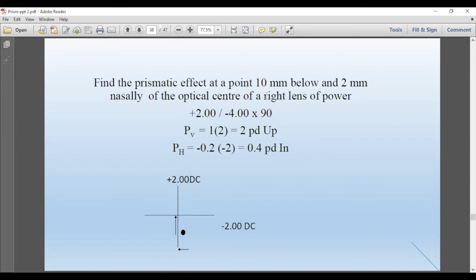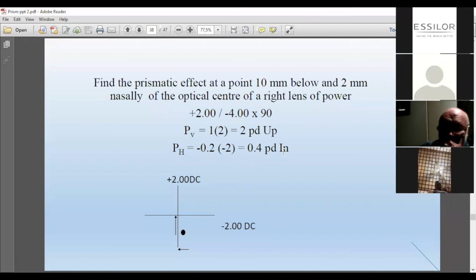So it's 1 centimeter times 2, which is your power in the vertical. So it's going to be 2 prism base up. And for the horizontal, it's 0.2 times negative 2 because the power is along the horizontal there, and it's 0.4 base in. So in other words, at that point where they are looking, it will be 2 prism base up and 0.4 base in.